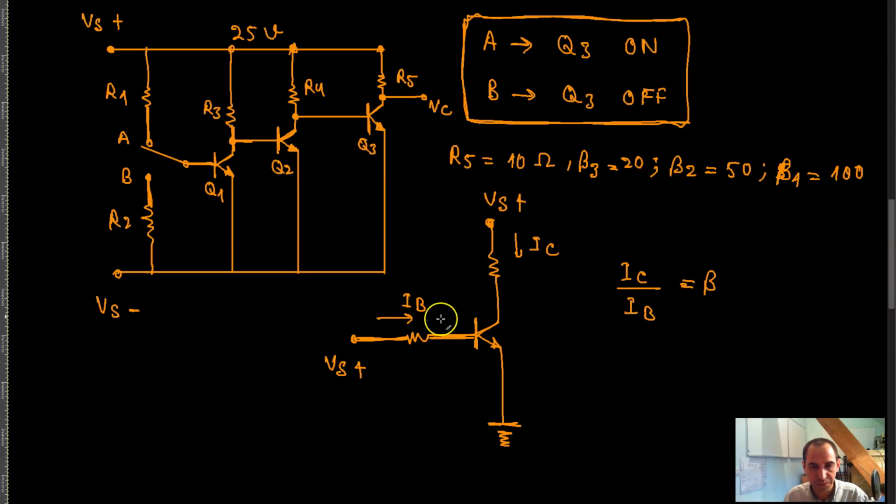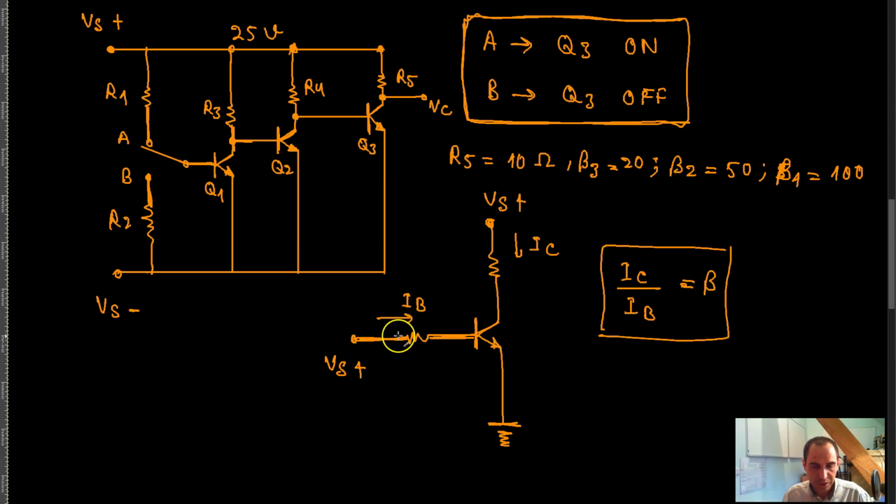Which means that, based on the algebra that you see here, the higher you choose the value of I of B, the higher the value of I of C is going to be automatically, because this beta is going to remain constant, right?